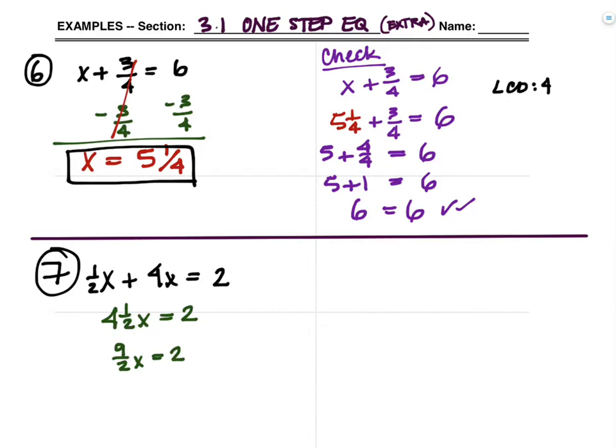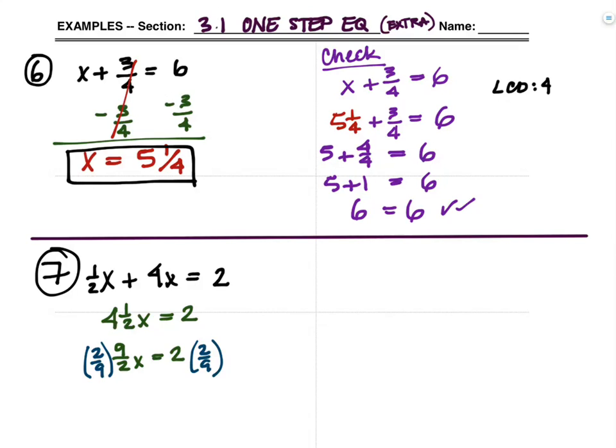9/2 x equal to 2. Now, when we divide by fractions, it's the same thing as multiplying by its reciprocal. So if I want to divide by 9/2, I really want to multiply both sides by 2/9. So let's go ahead and do that. And so we're multiplying by the reciprocal. Lucky for us, 2 times 9 is 18, and 9 times 2 is 18.